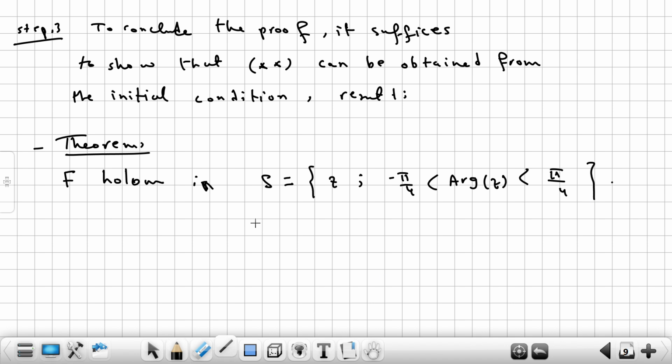So this sector is actually nothing but this.